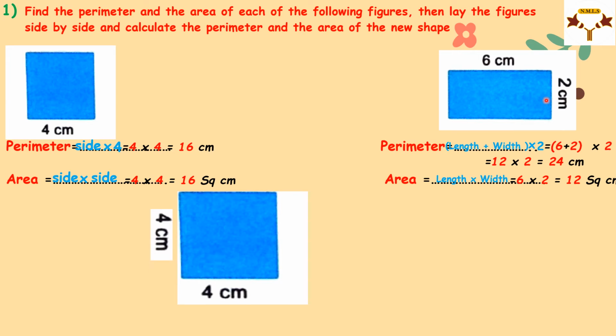Let's put the two shapes beside each other together. So here the length of the square is 4, and the length here for the rectangle is 2. So I'm gonna draw it here on the half of the length of the square, and now I should get all the sides.